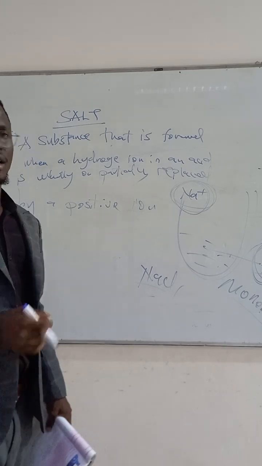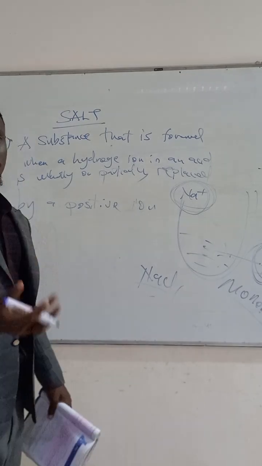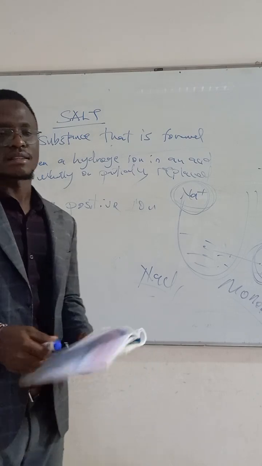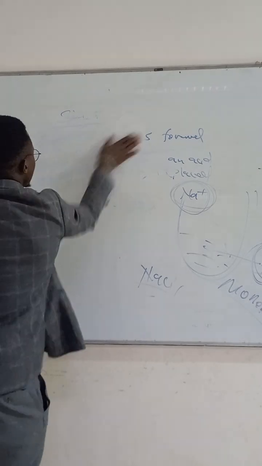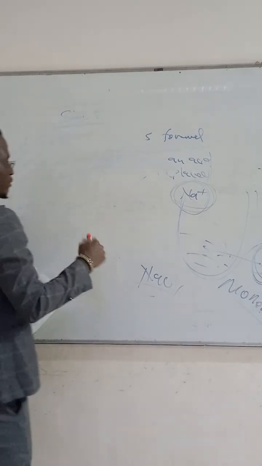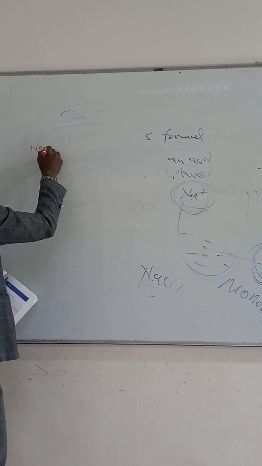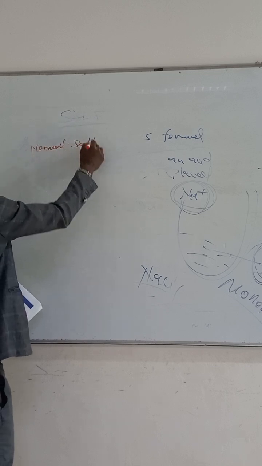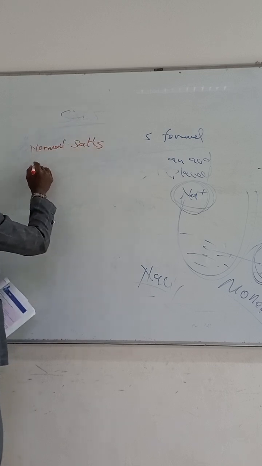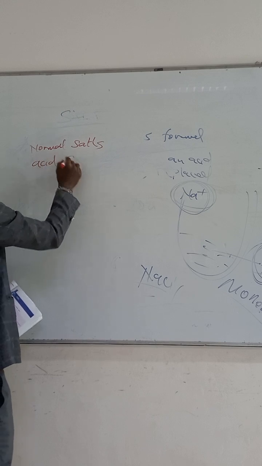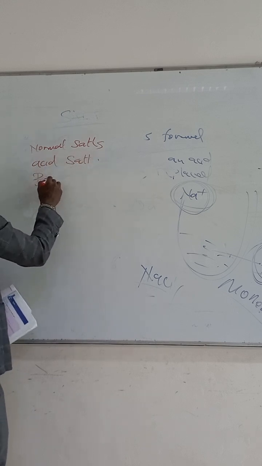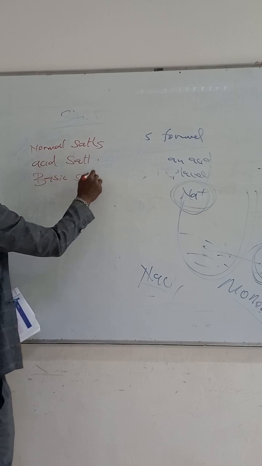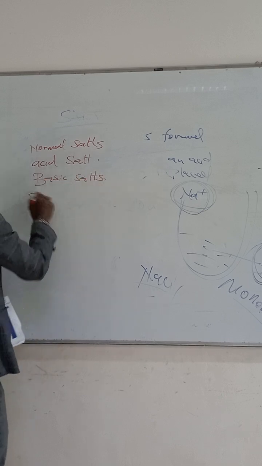I hope you've understood the introduction part of salts. Now let us look at the different types of salts. For example, we have normal salt, acidic salt, basic salts, and double salts.